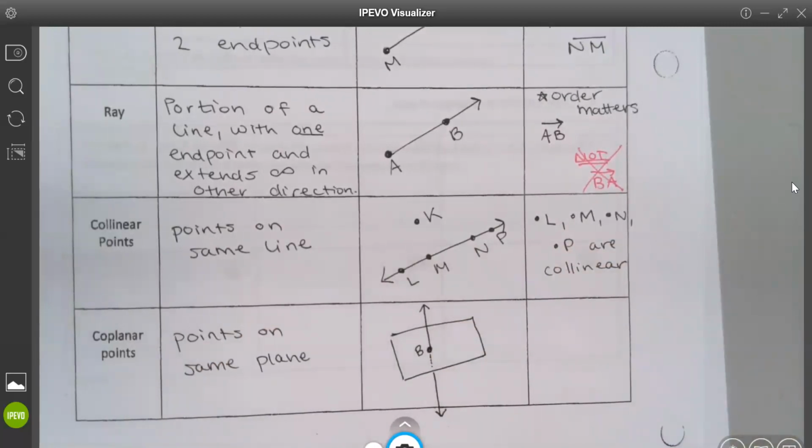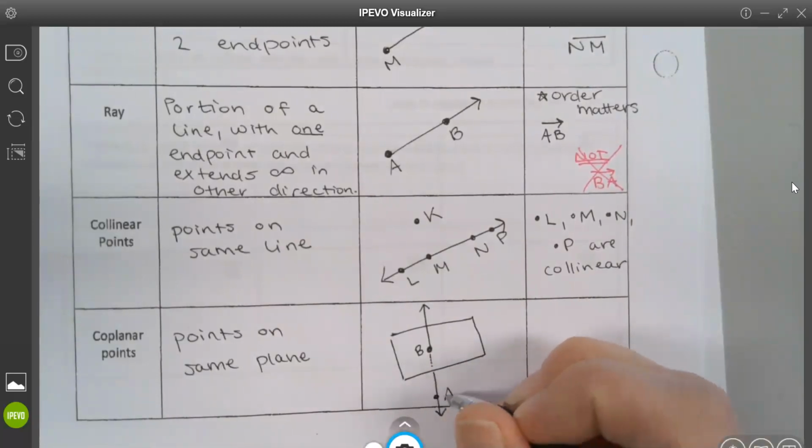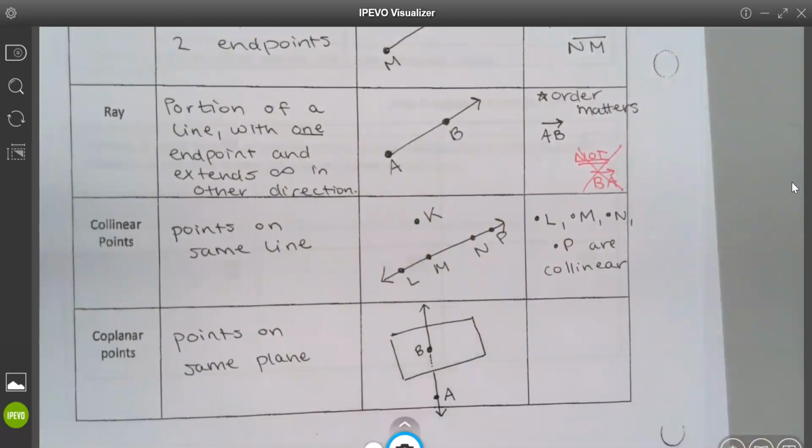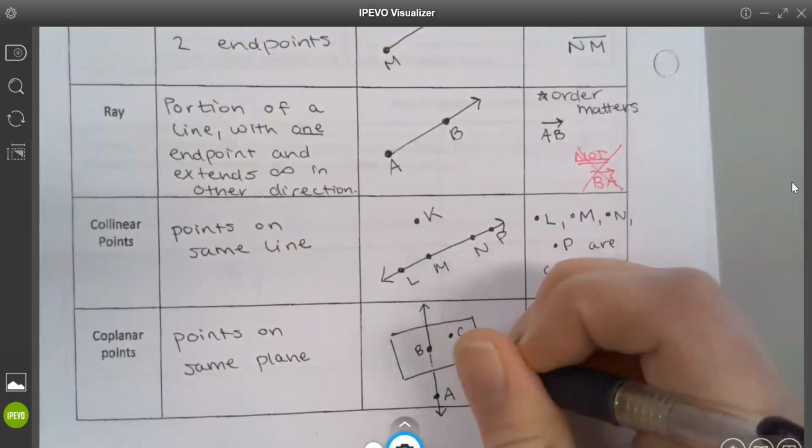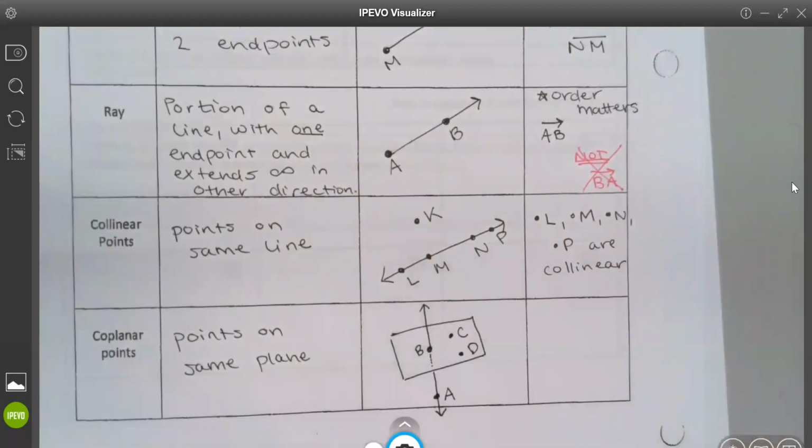When that line hits at point B, that's the only point where the line and the plane are touching each other. The line is living on a different plane going in a different direction. Okay, so it's hitting this plane at point B, and I'll put point A here. So I have points B and A. And I'm going to put C and D on the plane that the line just hit.